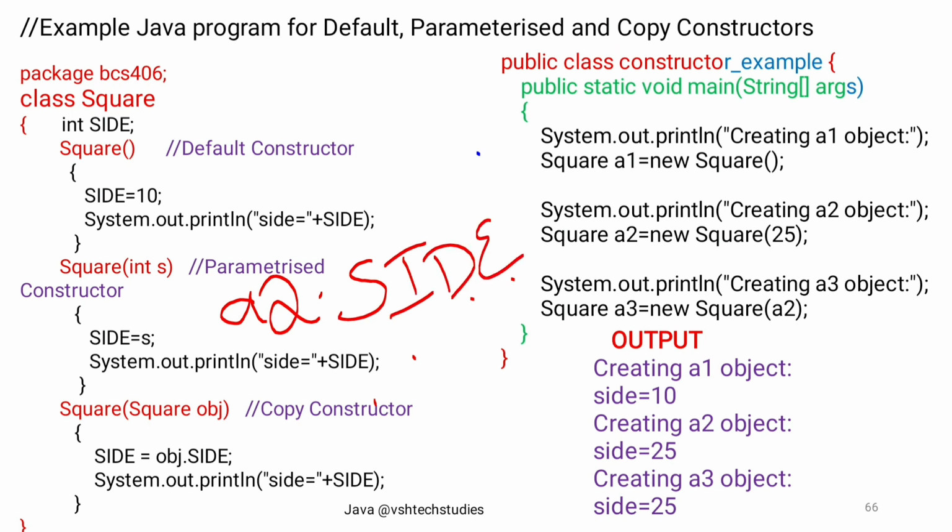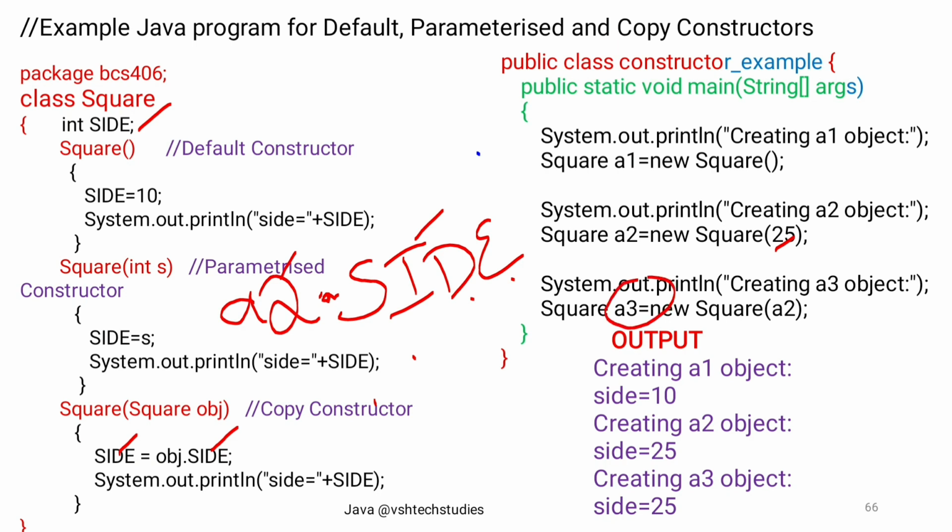So like how we had declared with small letters, in the a2 object, the side data field value. So like this it is referenced, a2.side value. So what was that? 25. So that is given to the side data field in the a3 object.